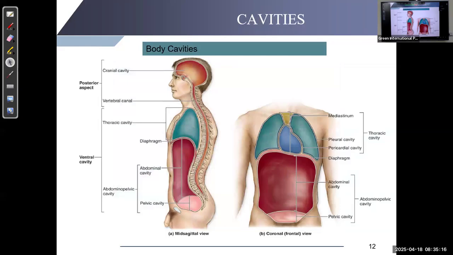Next, main important, body cavities. You should know what lies in each cavity, which organs comprise each body cavity. The basic body cavities that we have are cranial, thoracic, abdominal, pelvic, and spinal. You can see cranial. So what will be the organ for that? Brain.